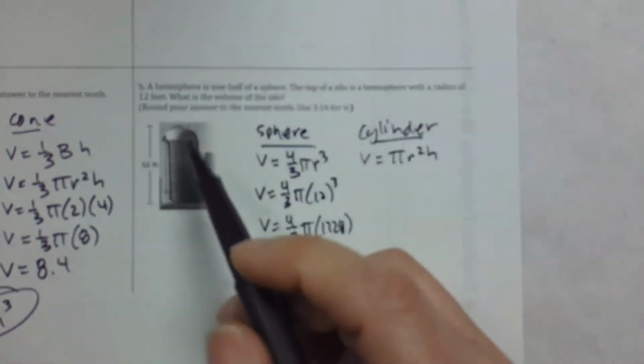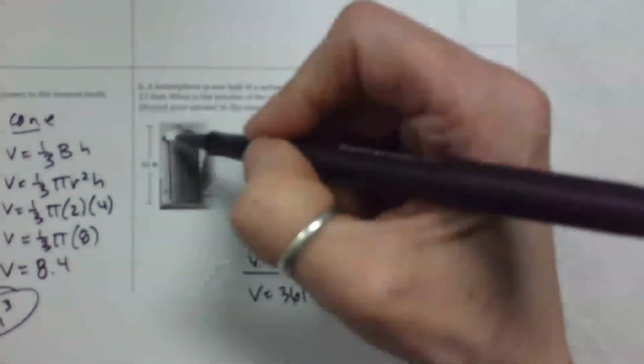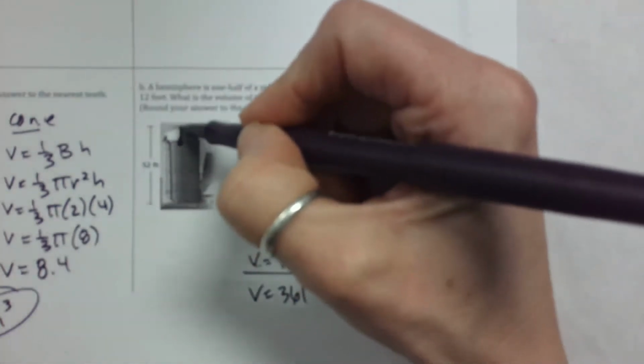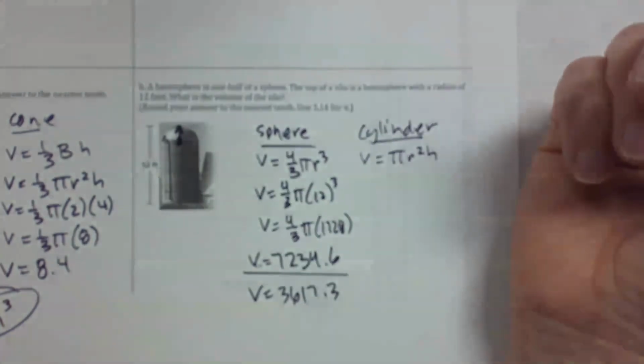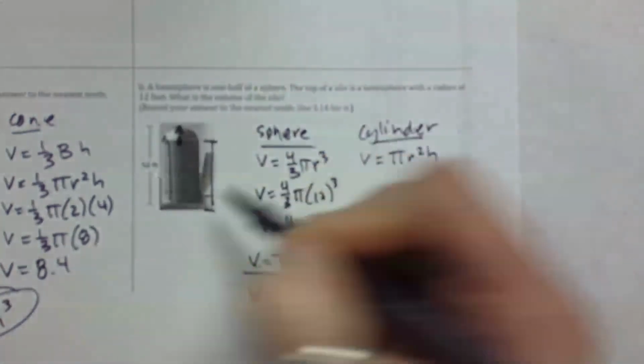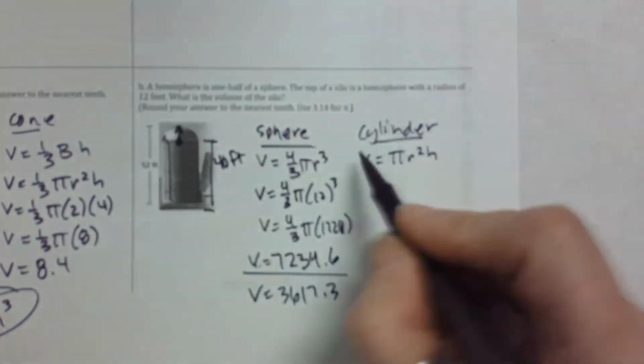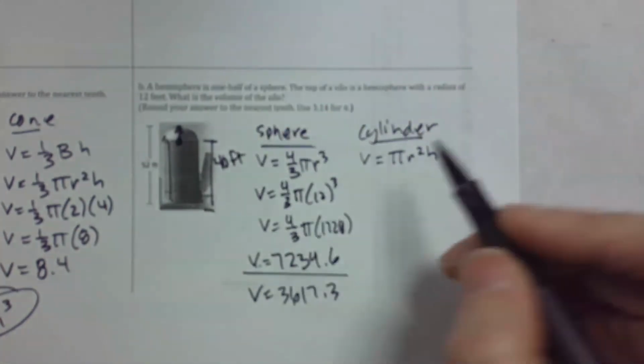And we know the radius is 12 feet. So it's 12 feet from the center to any outside edge. So it's also 12 feet from the center all the way to the top. So I'm going to chop off 12 here, and I'm going to say that the distance from the top to the bottom of the silo is 52 minus 12, which is 40 feet. So I'm going to use 40 in the volume of my cylinder.